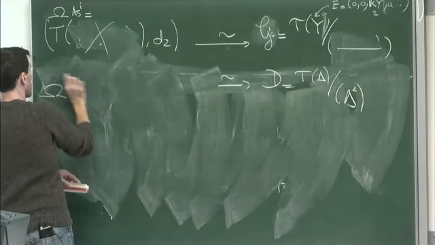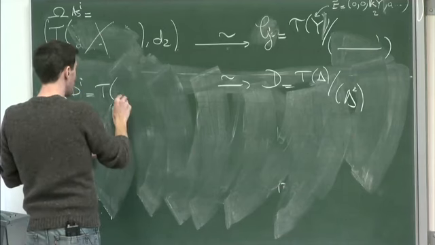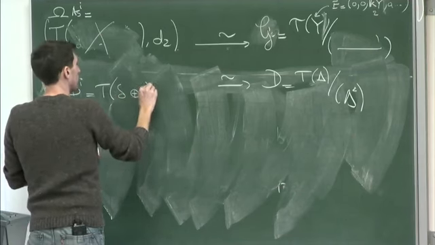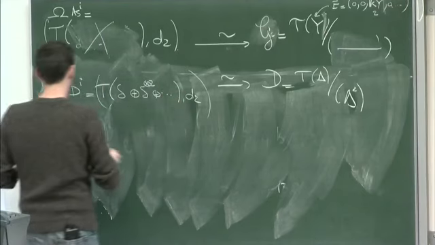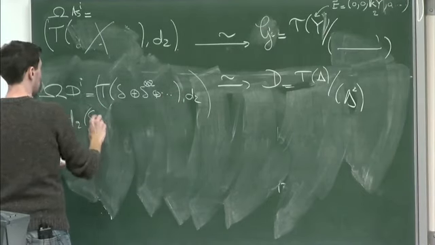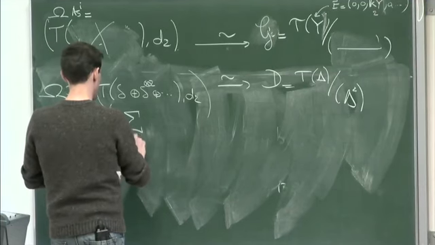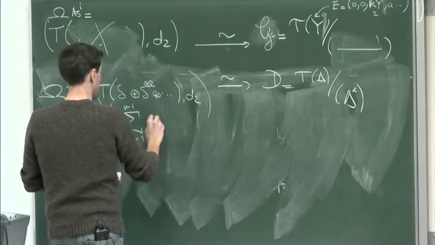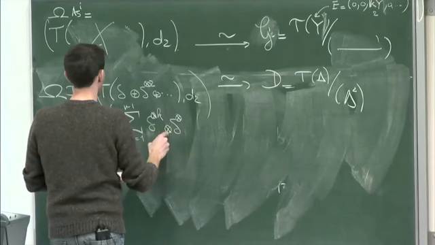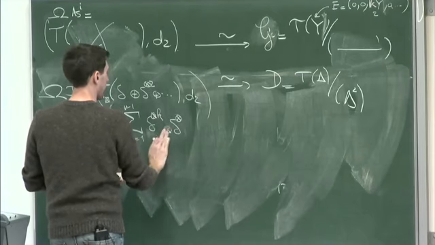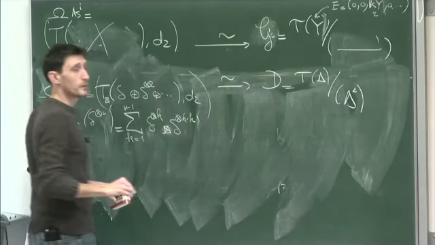That was the cobar construction of the Koszul dual of D, which was the free algebra on delta plus delta 2 plus etc. with a certain d2 where d2 of delta n was equal to the sum of it's not the same tensor. Okay, if you remember well.